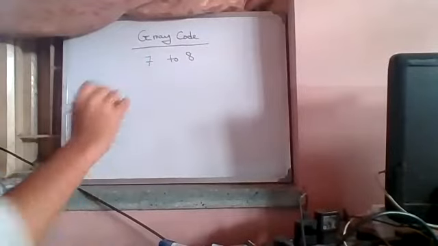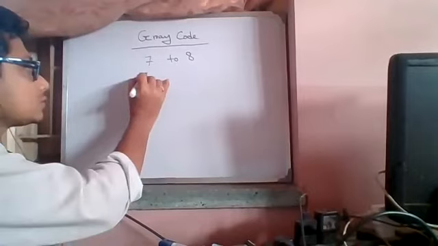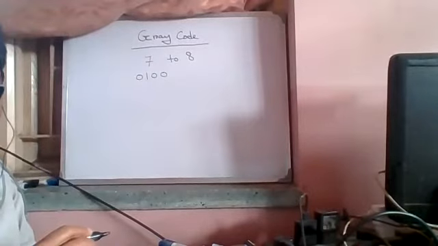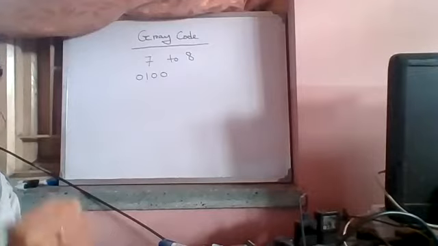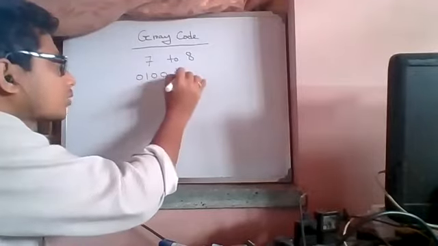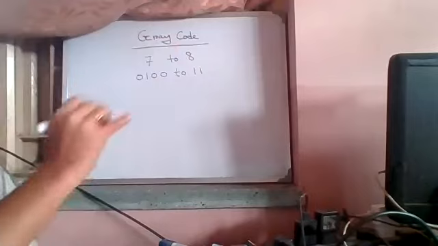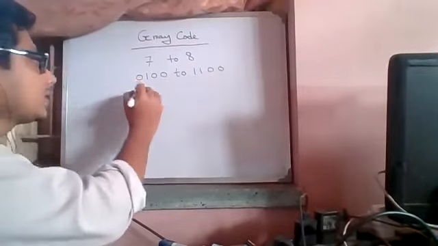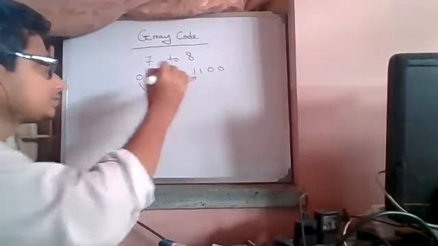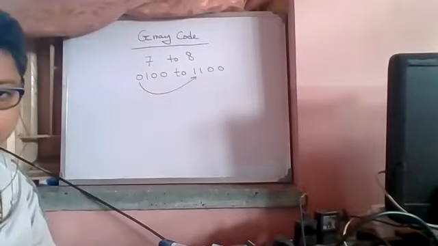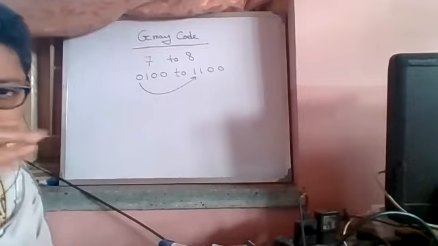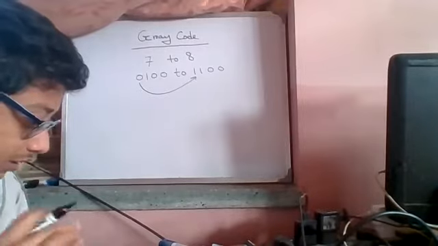This is 0 1 0 0, and this is 1 1 0 0. So here only a single digit is getting changed, that is the most significant bit. Now the thing is, how to get this Gray code.